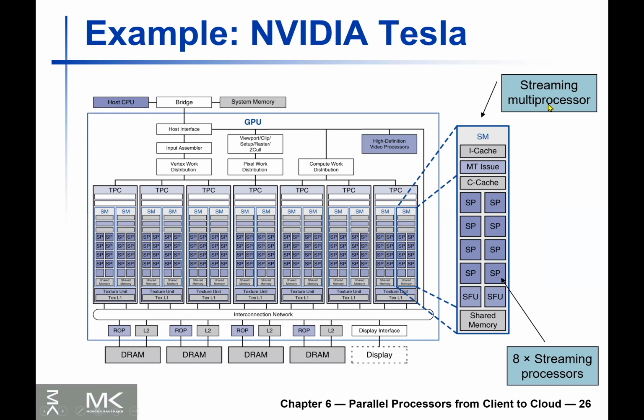The main purpose, as I said, is multi-threading. You can see the streaming processors 1, 2, 3, 4, 5, 6, 7, 8, and we have the DRAM, dynamic RAM, here, and how they are connected together. This is an example; if I ask you for an example of a GPU, you can give me this example.